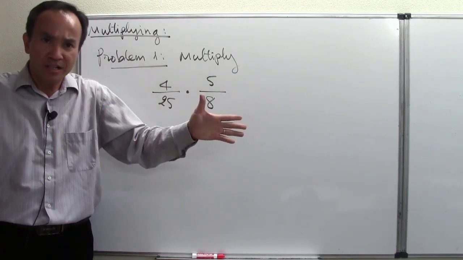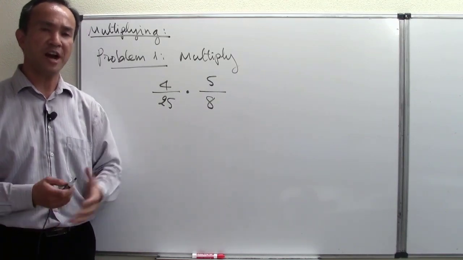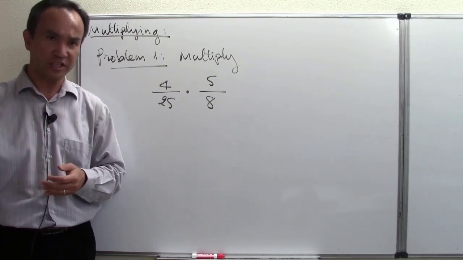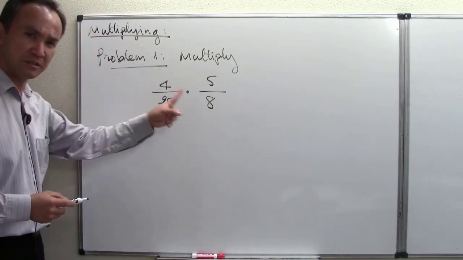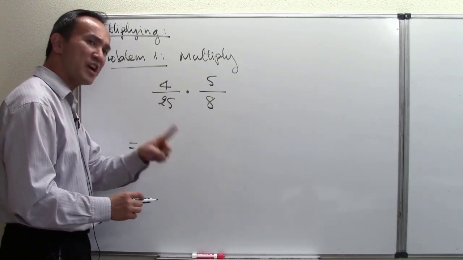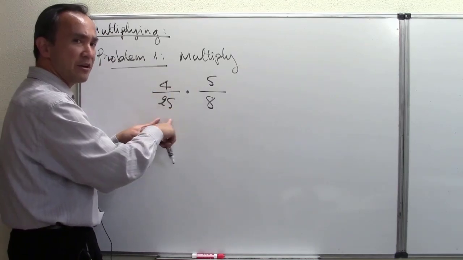We don't have to wait until a college course in algebra to be able to multiply these two fractions. They start teaching multiplying fractions in 5th grade, 6th grade. So what's the idea? Anytime we're multiplying two fractions, we simply multiply numerator with numerator, denominator with denominator.